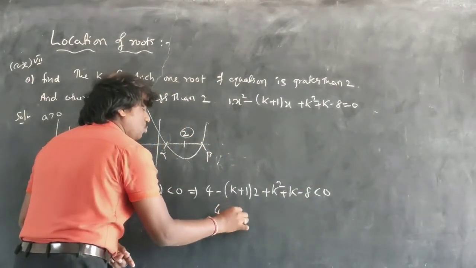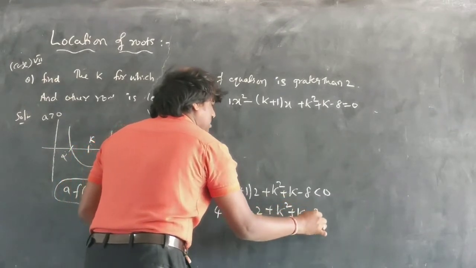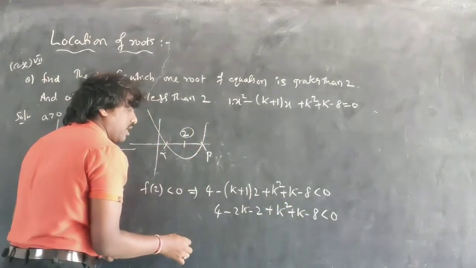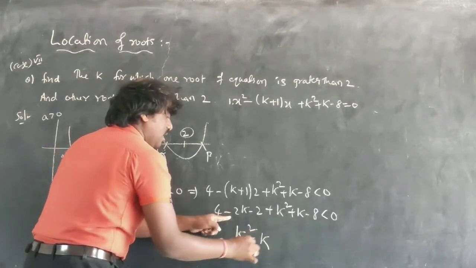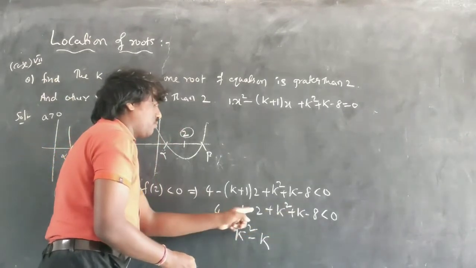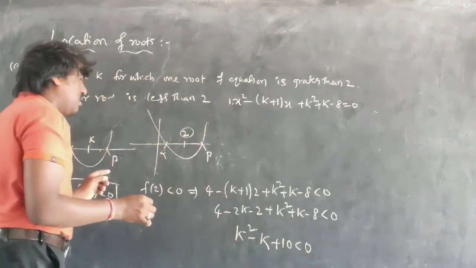4 minus 2k minus 2 plus k square plus k minus 8 less than 0. Is it correct?